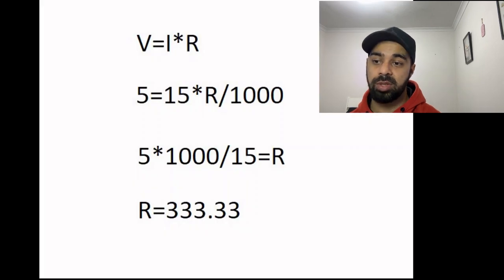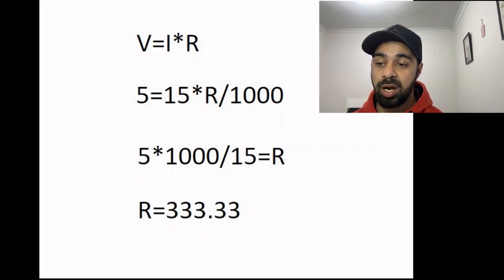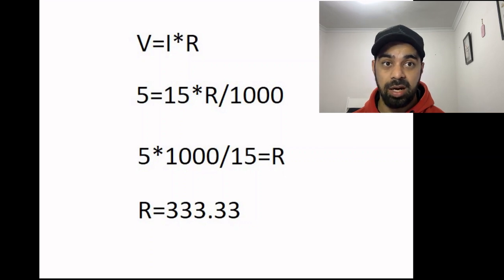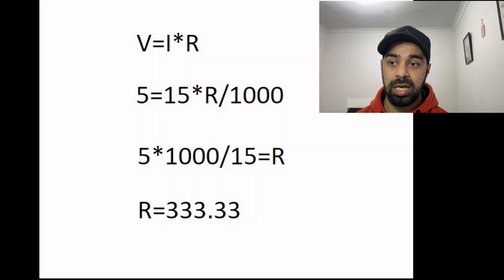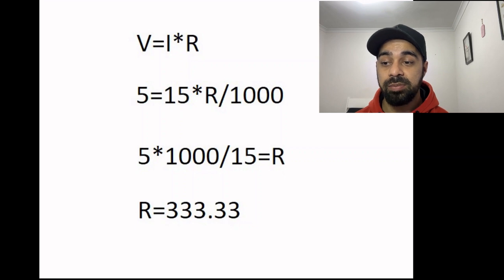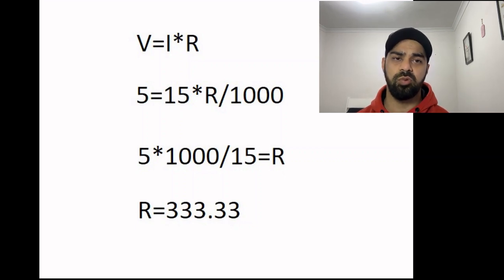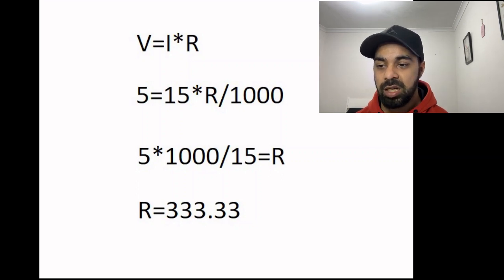So here's the formula. As I was saying, V equals IR, I times R. So we substitute the values. The voltage is 5 volts from your Arduino controller, and the current we need is 15. So let's say we need the range from 12 to 20, I would go average, which is 15.